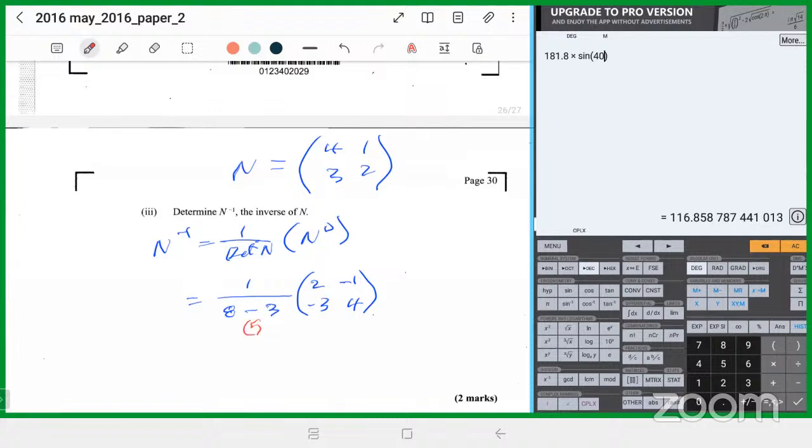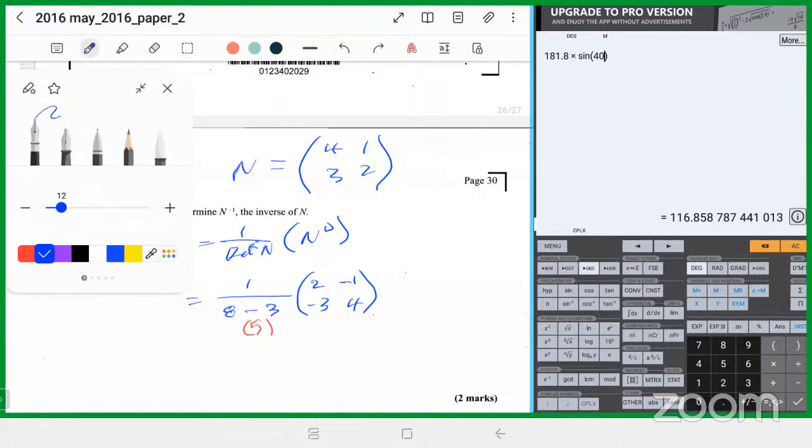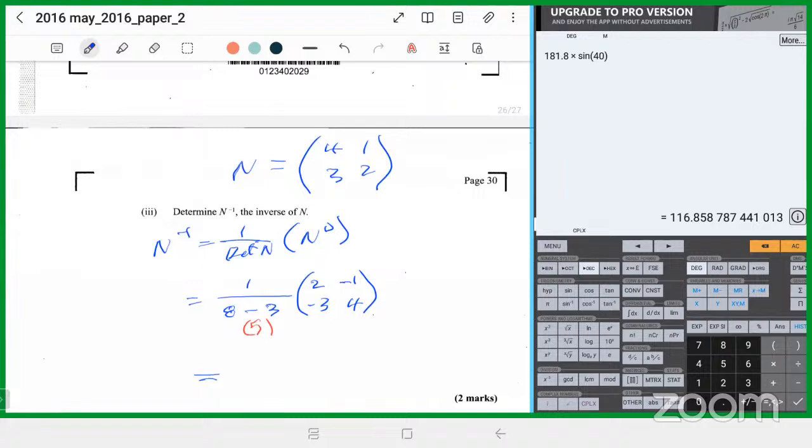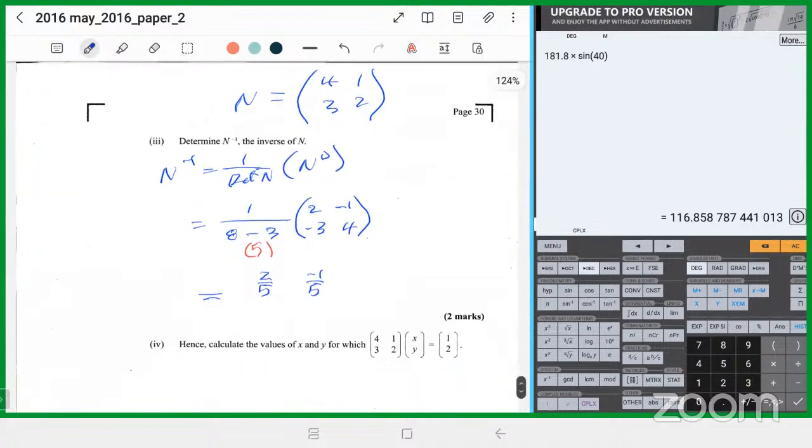So my final result will be to divide each of these values by 5. So my answer is simply going to be 2 over 5, minus 1 over 5, minus 3 over 5 and 4 over 5. That's my inverse matrix right there.